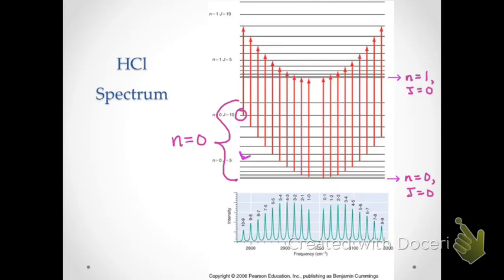So that means that the vibrational quantum number is equal to 0, but the rotational quantum number is equal to 10. Up above, we have all the levels corresponding to the n equals 1 vibrational state. In this situation, this level here corresponds to vibrational level 1, rotational level 5, and the level above corresponds to vibrational level 1, rotational level 10.